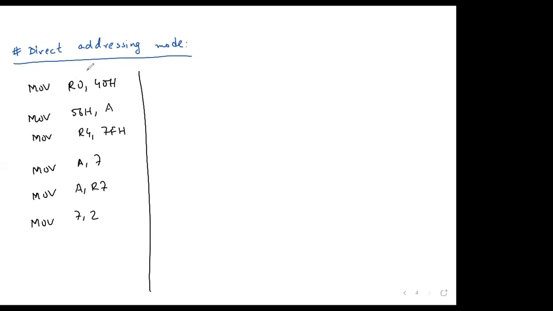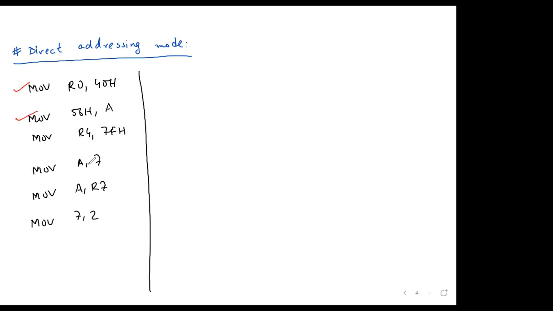It means that whatever is there in the address location 48, please move those contents to R0. This is your first example. The second example says that whatever you have in the accumulator register, move the contents of the accumulator register to the address 56H. So these are examples of direct addressing mode.